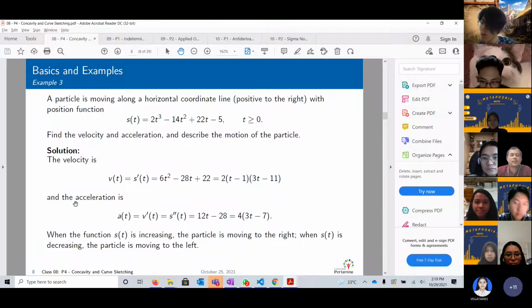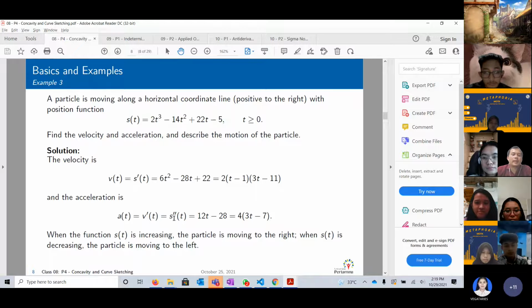And the acceleration is the second derivative of position or the first derivative of velocity. So a is equal to v prime or equal to s double prime, which is 12t minus 28, or we can factorize it to be like this, 4 times 3t minus 7.